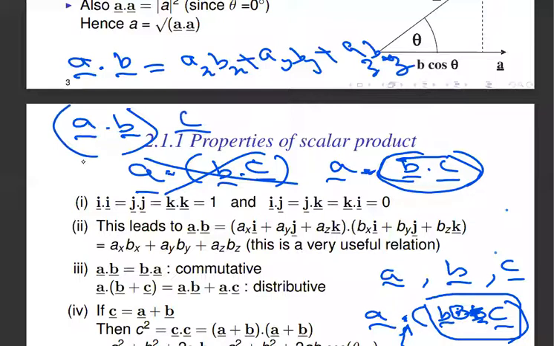This multiplication is scalar multiplication, not dot product, because this is a number, and this number is multiplied by this vector, right? Did you understand now?